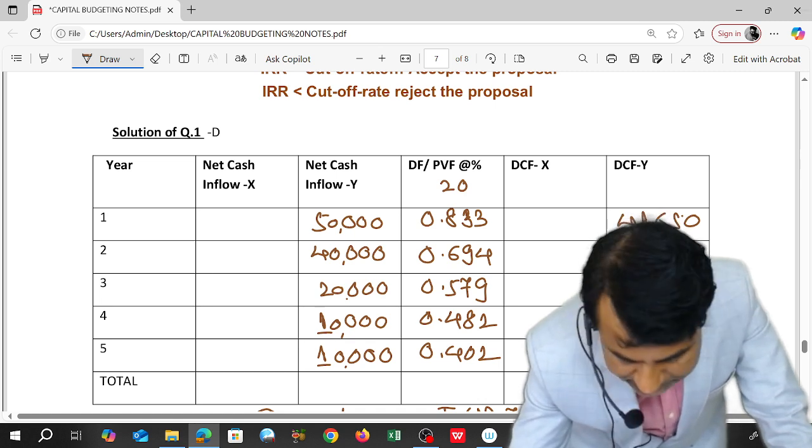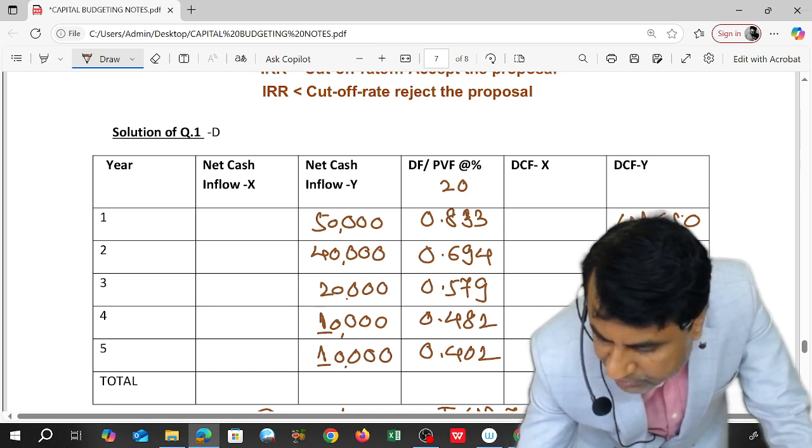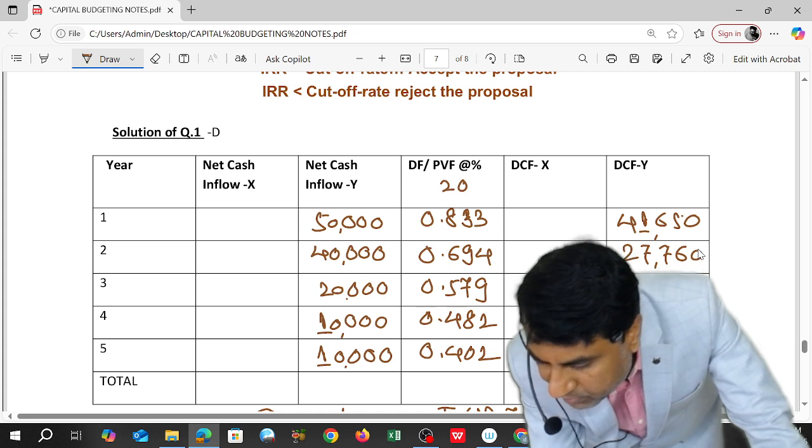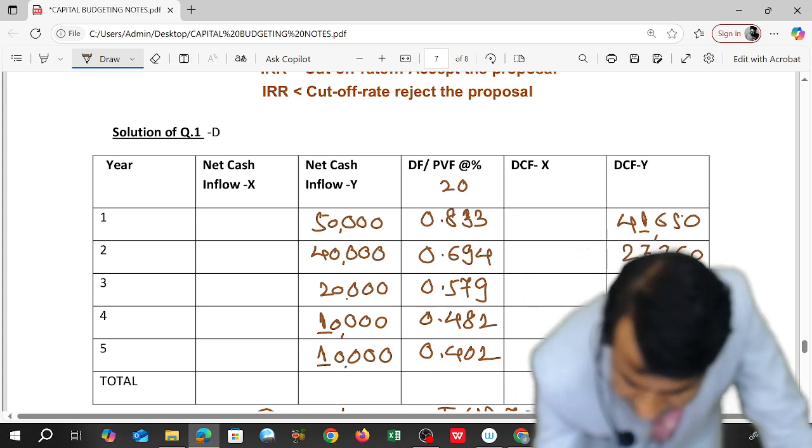Third, 20,000 into 0.579 is 11,580, and as it is 10,000, I can directly write 4,820 and 4,020.